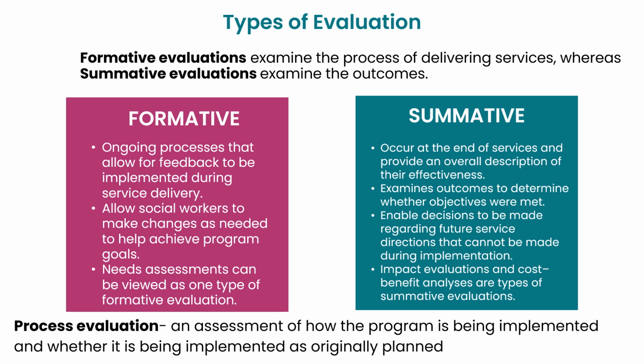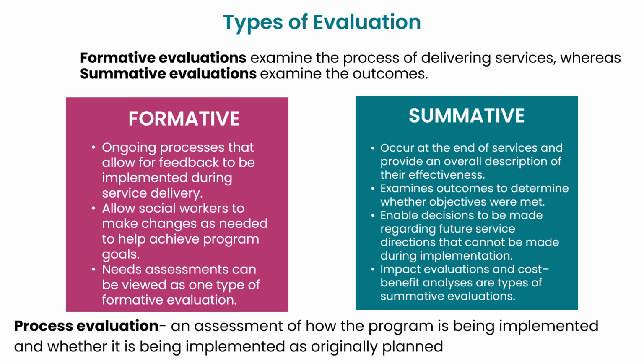Formative examines the process of delivering services, whereas the summative, think about the sum of it, examines the outcome. So one is examining the process while we're delivering services and while we're forming it, and the other one is the sum of it where you examine the outcomes. That's how I remember it.